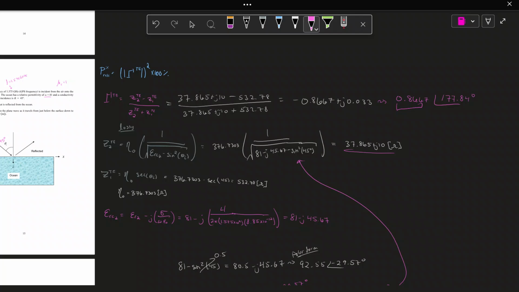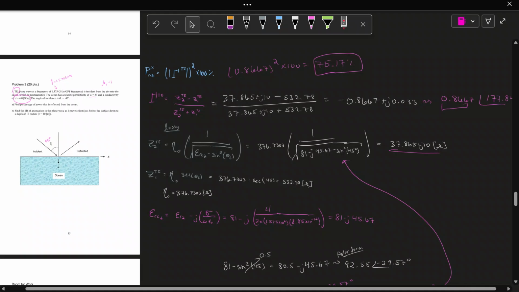So then we take our 0.8667, we square it and we multiply by 100. Let me see here. And what we get is a percentage of power reflection of 75.17%, just about. And that's our answer to part A.